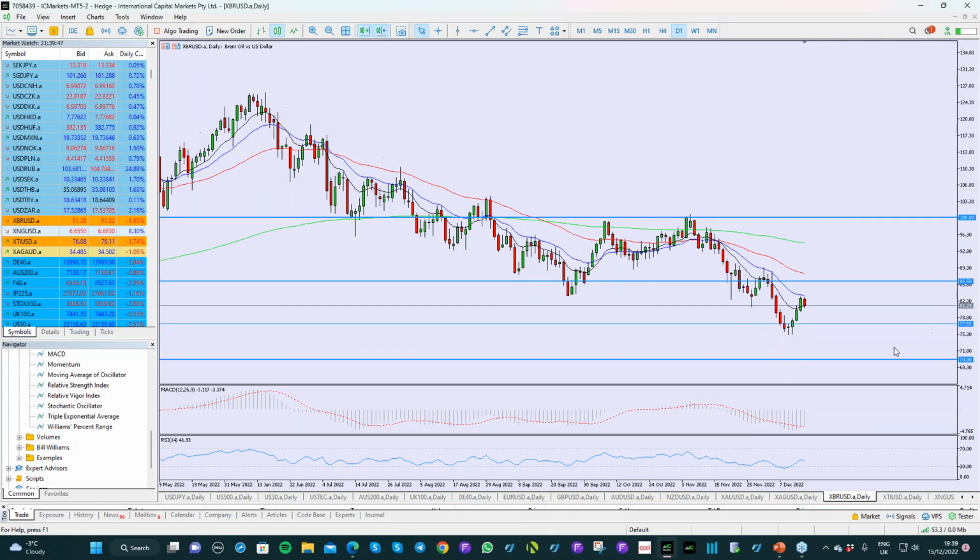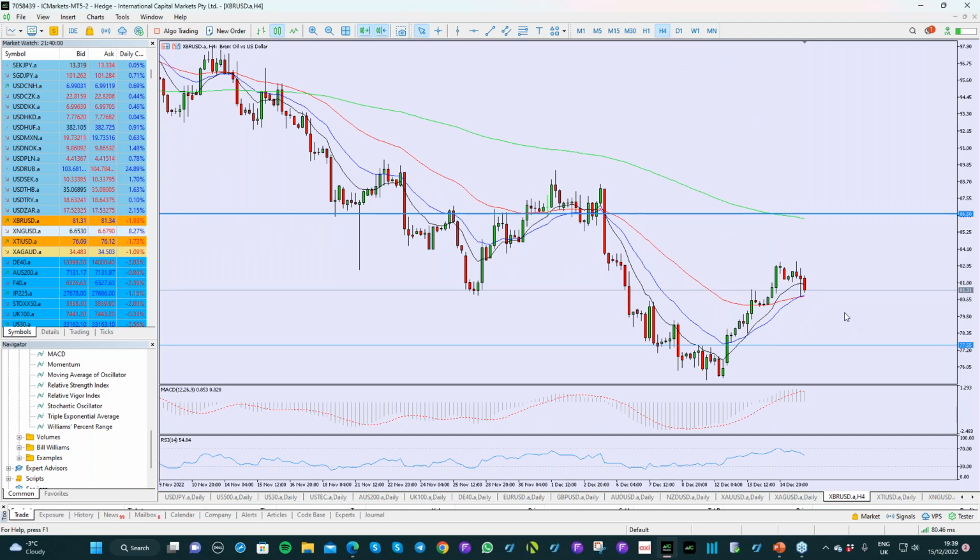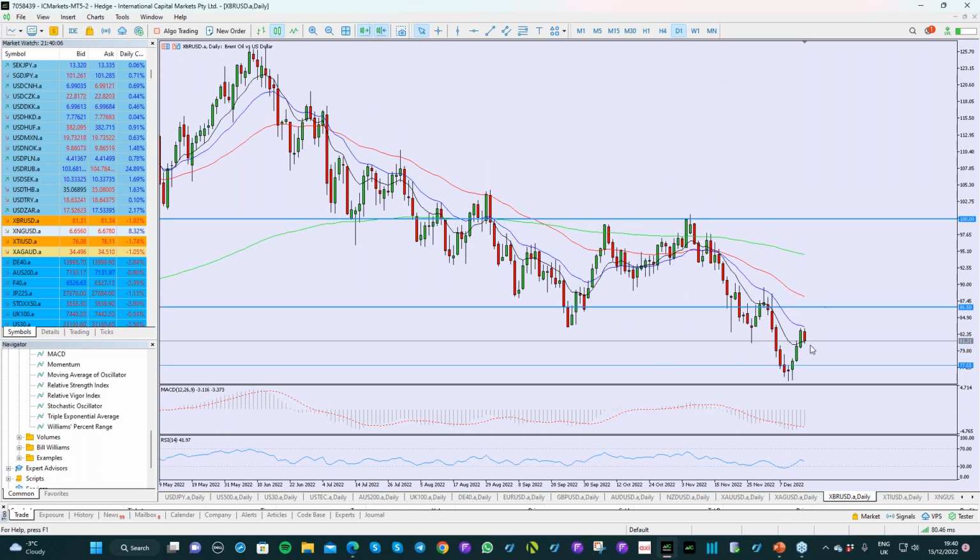My ultimate target would be this horizontal level down here around $70 a barrel if I were to be trading short on Brent crude. In terms of intraday trading, I am happy to just wait for tomorrow's price action to play out, because if I were to enter an order at the bottom of today's price action, then price would have to continue downwards in order to trigger that order.